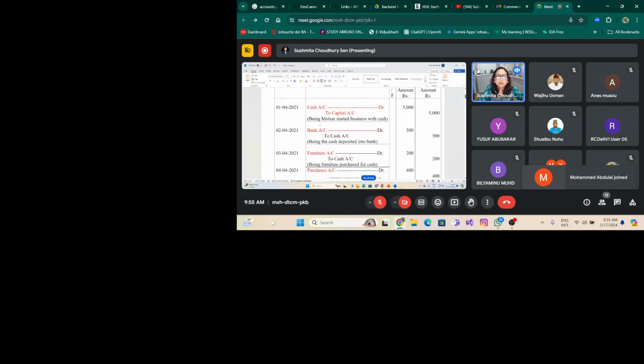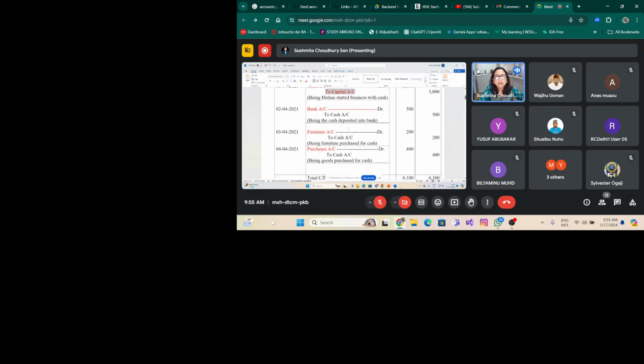So I am going to show you the next account, this capital account. If you go through all the entries, capital account is mentioned in one entry only; in the other entries, there is no mention of capital account. So it is a very easy and small ledger because it has one entry: cash account debit to capital account.